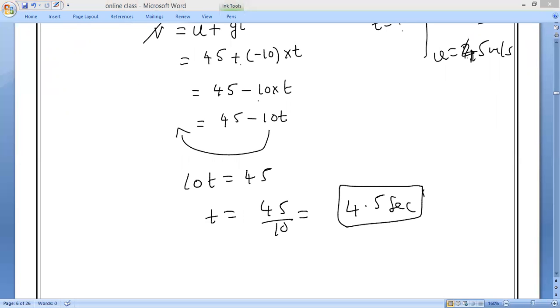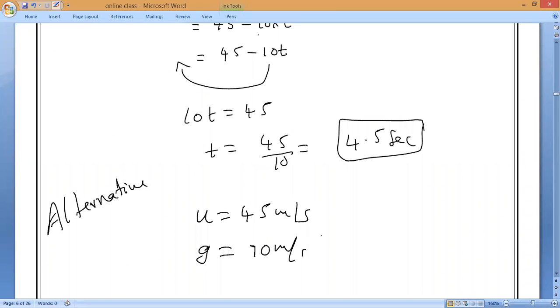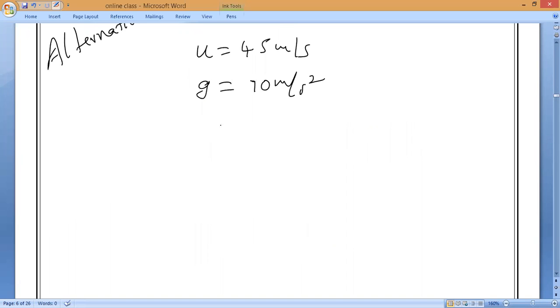Now, the alternative method. Initial velocity of the stone is 45 meter per second. Take g value as 10 meter per second square. They are asking for the time period, and with time period and initial velocity we have one relation. I already taught you time of flight, time of ascent, time of descent.